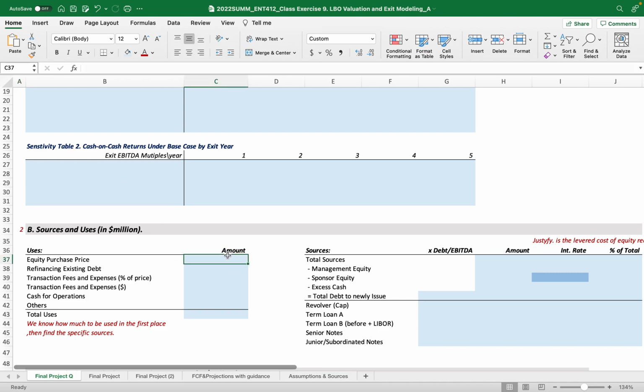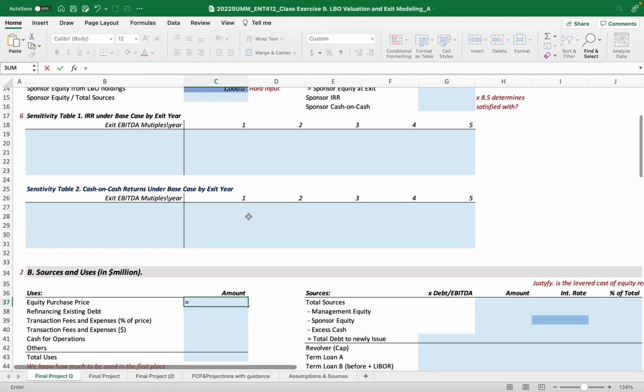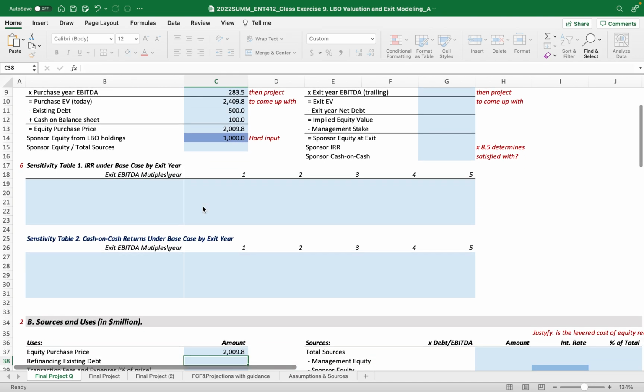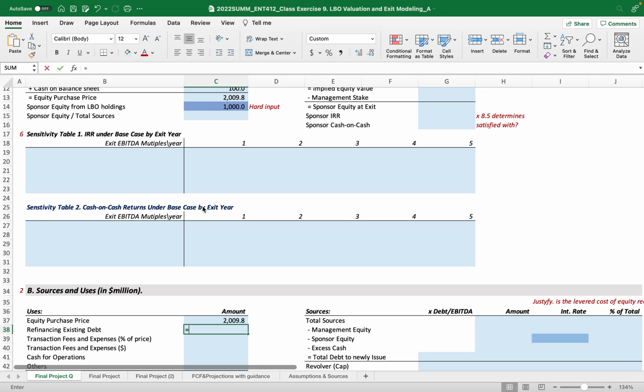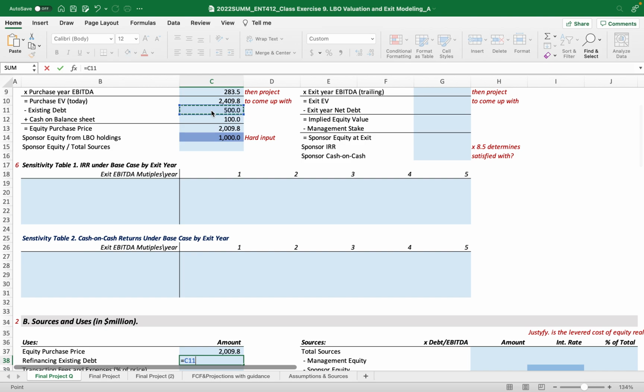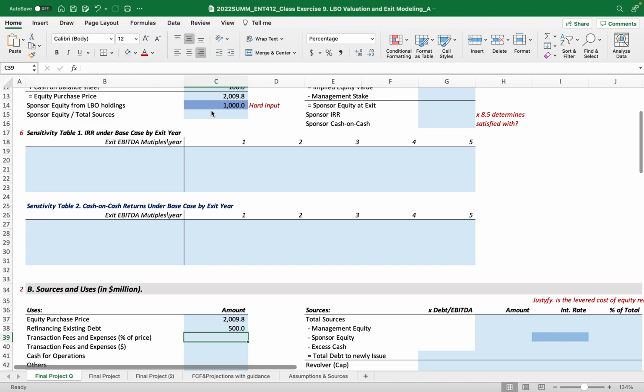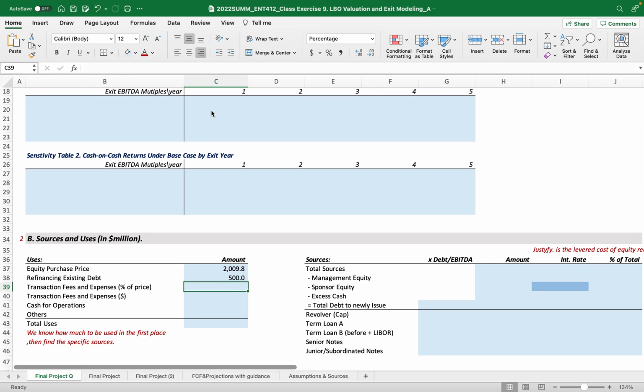Now once we identify the equity purchase price, it should be $2 billion based on the 8.5 EV/EBITDA multiple, right? And then the refinancing of existing debt, assumed here at $500 million. The transaction fees and expenses are usually 1 to 2% of the equity purchase price.